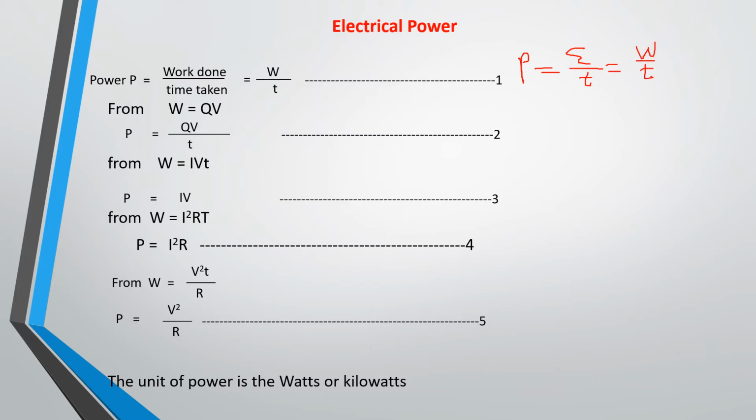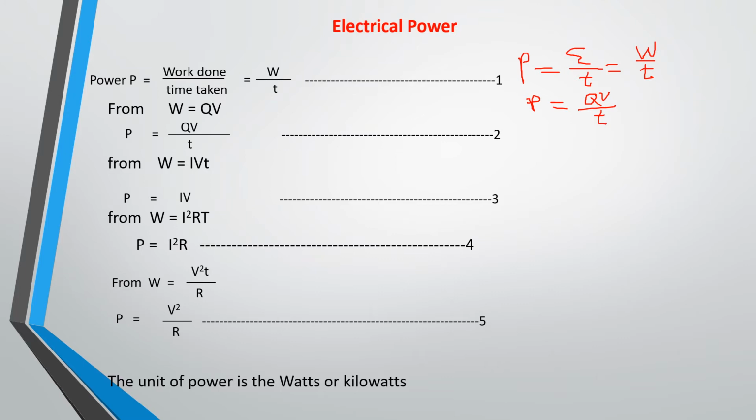So if you know that, then from all the equations that we have for work done, power is equal to QV over T, because work done is QV.